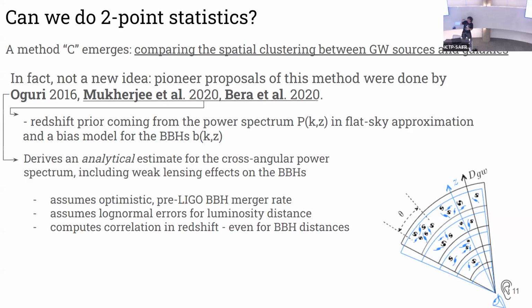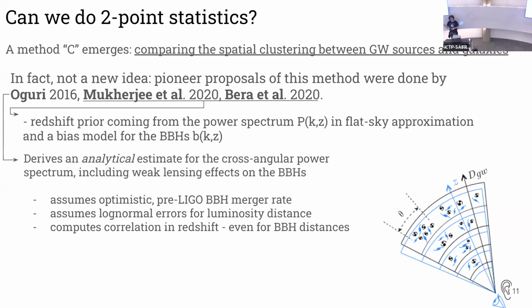But Oguri did something way more simple. He said, let's just compute, as we're observing things on a sphere, the angular power spectrum, and try to derive a theoretical estimate for this cross correlation between a galaxy map and a binary black hole map.